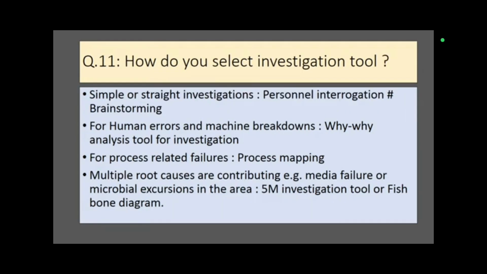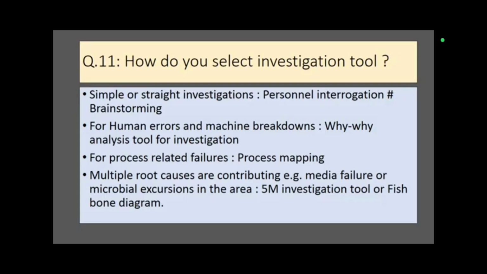Next question, how do you select an investigation tool for deviation investigation? Selection of investigation tool depends on the investigator or investigation team performing the investigation. Here are a few examples given for the deviation investigation tool selection. In case of simple or straightforward investigation, personal interrogation and brainstorming tool can be used.